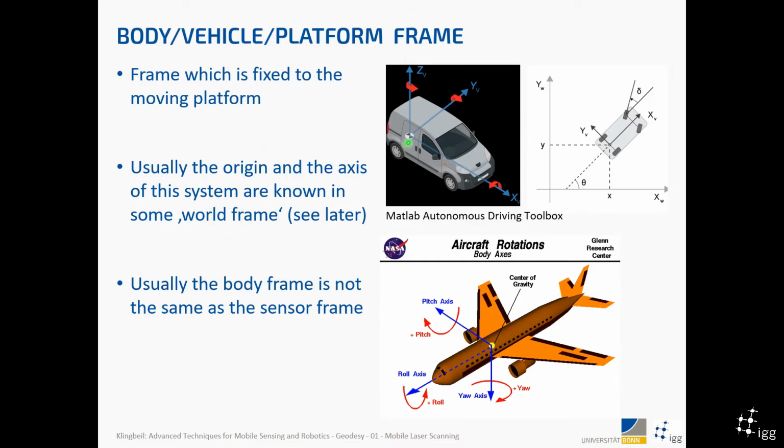We can see here an example that I found in the MATLAB autonomous driving toolbox. The question is, how is this coordinate system usually defined? There are different ways of defining it. In the example of the MATLAB autonomous driving toolbox, the origin is exactly here, in the middle between the two back wheels.